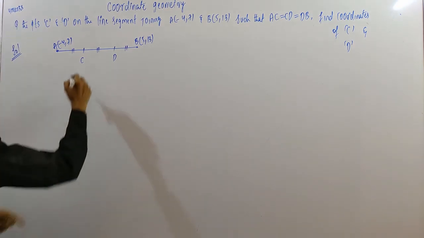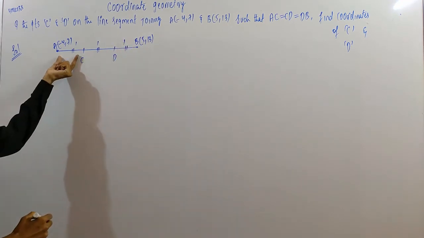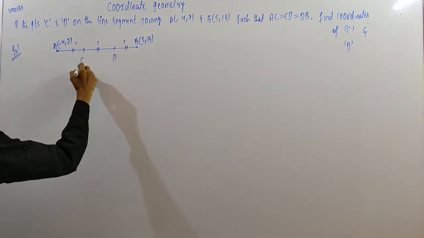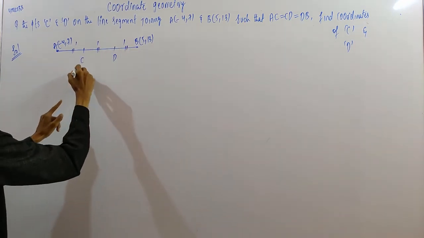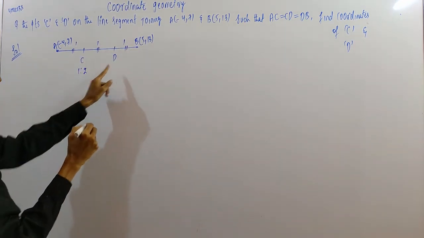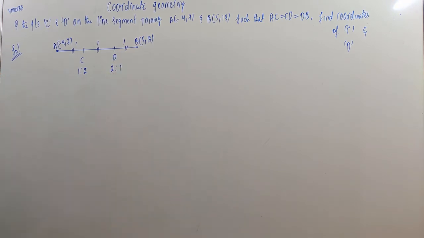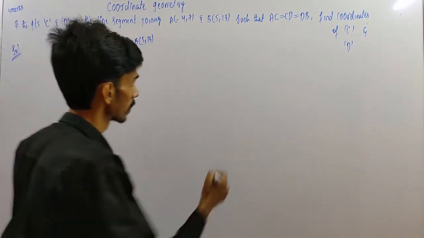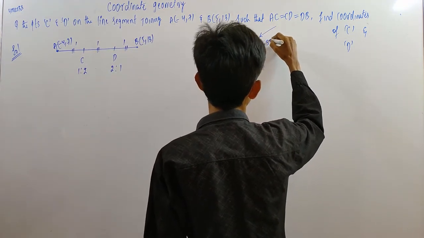Let us take the magnitude of each as 1, 1, 1 because the distances are equal. So this point C divides AB in the ratio 1:2. Similarly, D divides AB in the ratio 2:1. So this is an indirect way of saying trisection.